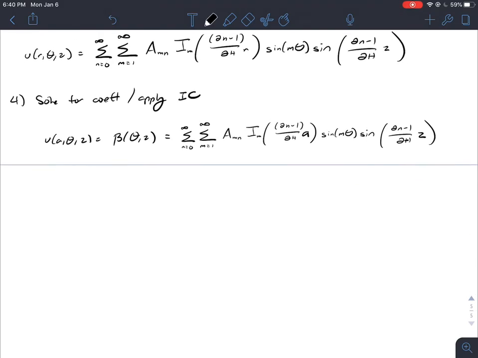Great. So consequently, if you guys have gotten good at orthogonality, this is an example of a 2D orthogonality problem. There's a lot of stuff here to be considering.